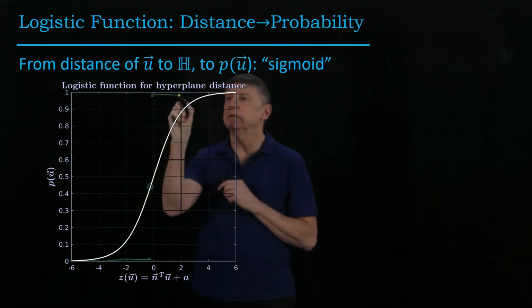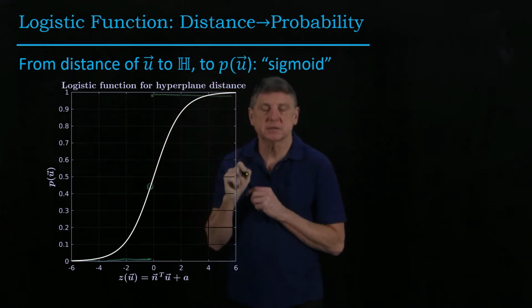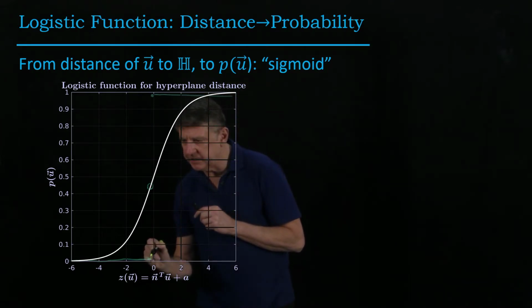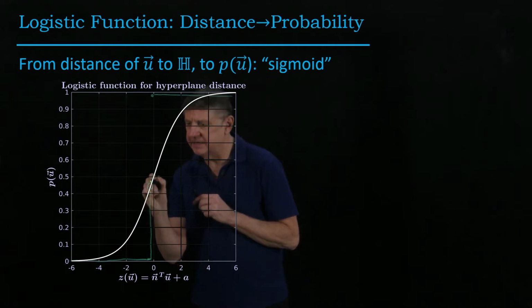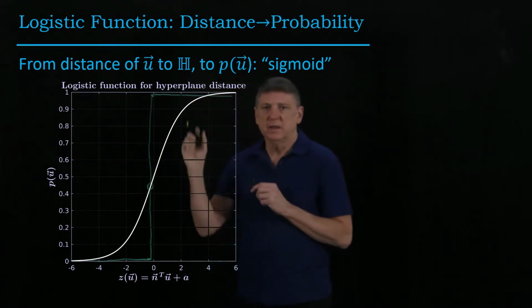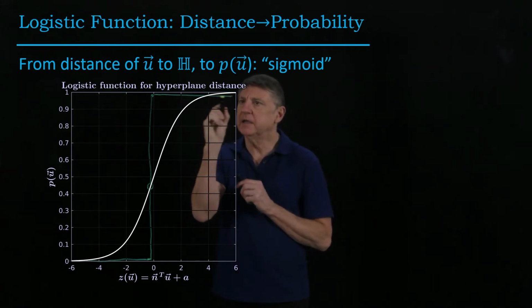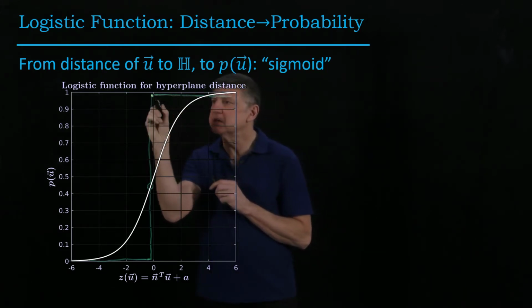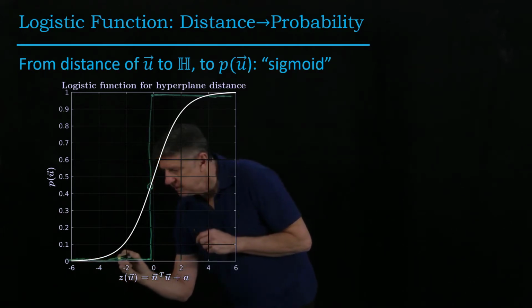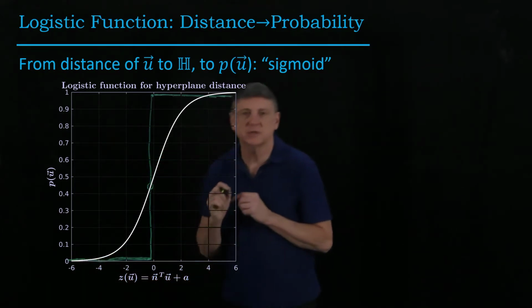So that would be something like this. And the Heaviside function would then take a jump like this. And so this line is our Heaviside step function, and the computer generated line is the logistic function.